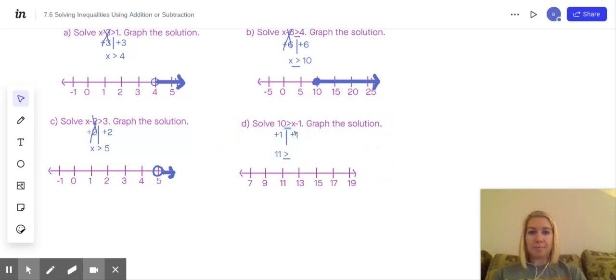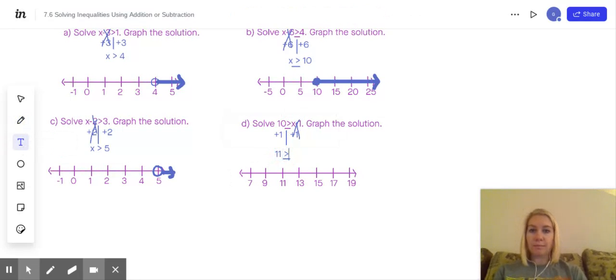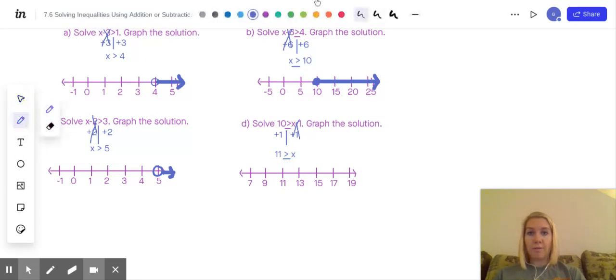We have x minus 1 and then plus 1, so negative 1 plus 1 is 0. So those cancel out. And we just have x on the right side. Okay, since our inequality is a greater than or equal to, 11 is a solution, so we can fill in our circle at 11.